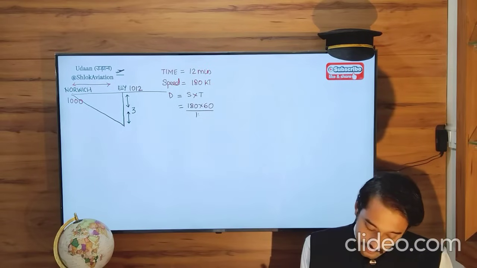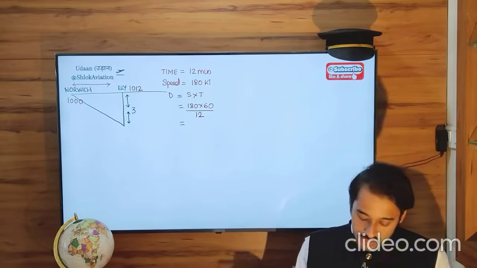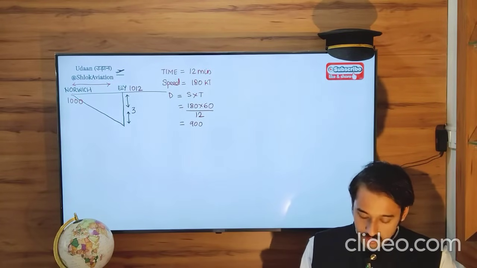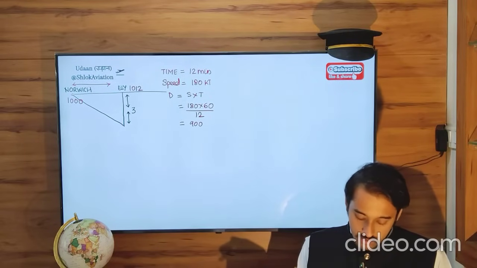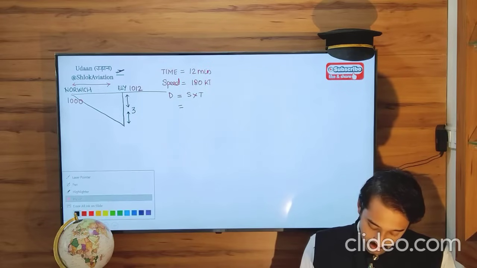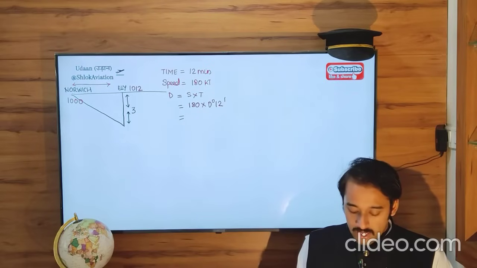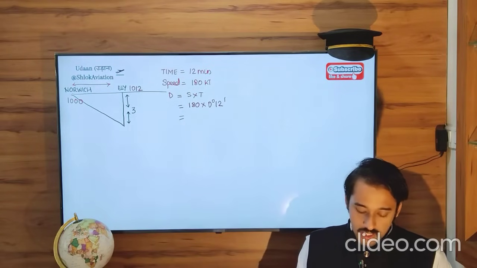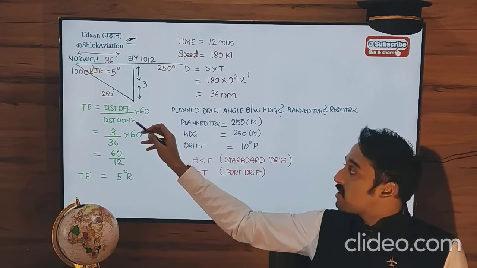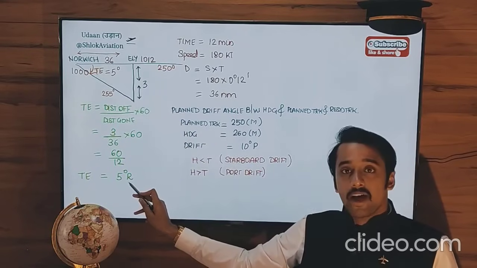Convert minutes into hours. 180 nautical miles into 12 minutes is 36 nautical miles. So the total track error will be equal to distance off track divided by distance gone, times 60. Substituting the values, 3 divided by 36 times 60 gives a track error of 5 degrees right hand side.